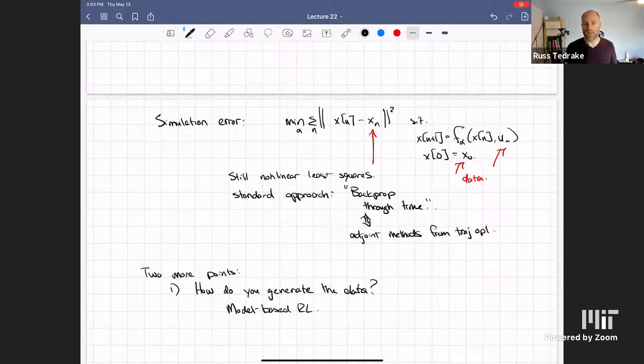So the data that you would like to have for system identification in the fully nonlinear setting is you'd really like to be pulling effectively from the distribution induced by the optimal policy. What you'd like is for your data to represent the data that you would get once you've got your model and you're executing the optimal policy.